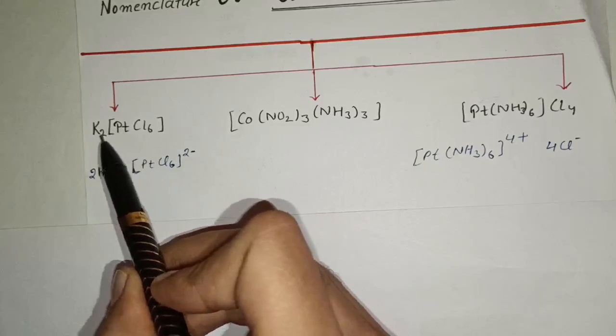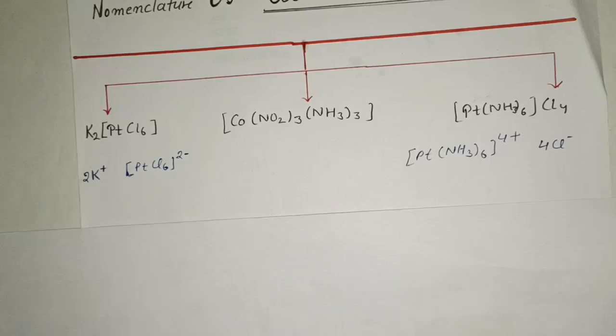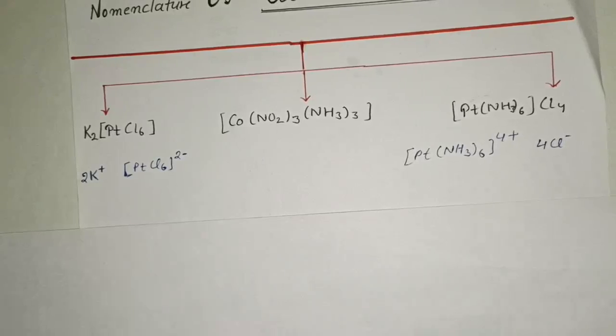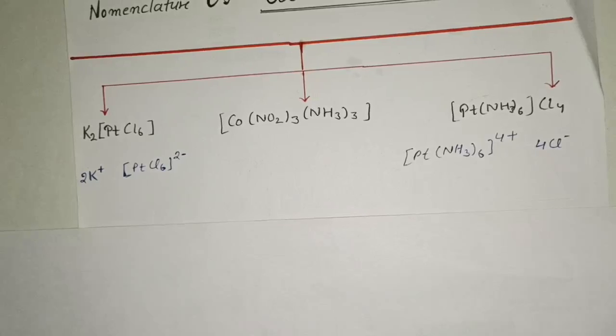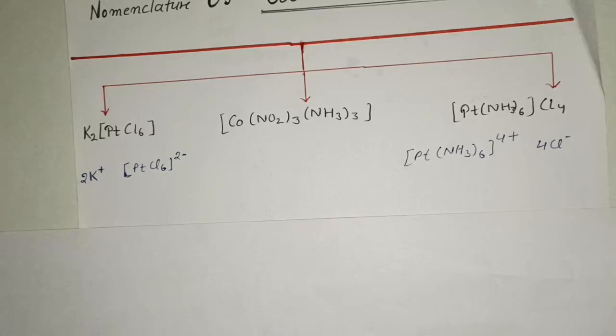That means the metal atom in the coordination sphere and out of the coordination sphere is the same. This is also one kind. I am telling you what other kinds you might get in your book. There are some ligands which are bridging ligands and all. So there is a different kind of naming in that also. But there are little changes in those compounds. If you see, you will get. Okay. Otherwise, I will try to cover those different cases in the next video.